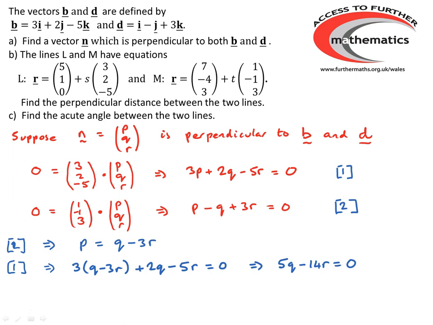Simplify that, we've got 5q minus 14r equals 0. That tells me that q must be 14 over 5 times r. And if we substitute that back, p is 14 over 5 r, take away 3r, in other words p is minus a fifth r.